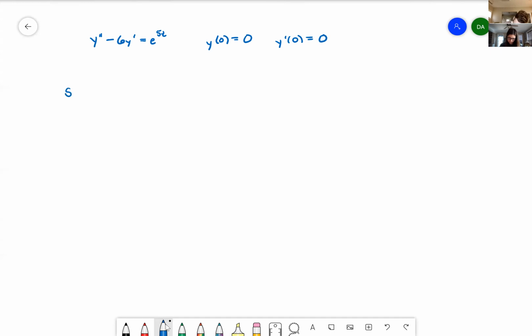It'll be s squared capital Y minus 6s capital Y equals, and then e to the 5t, which should be 1 over s minus 5, I think.